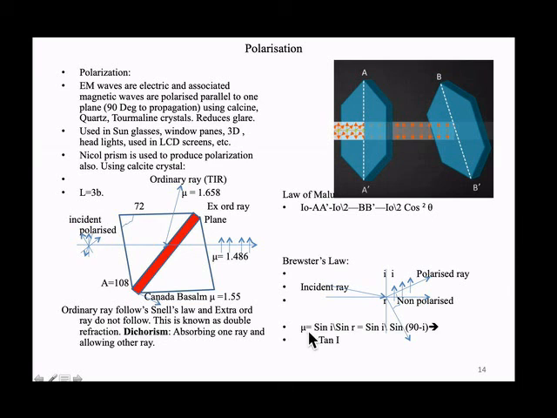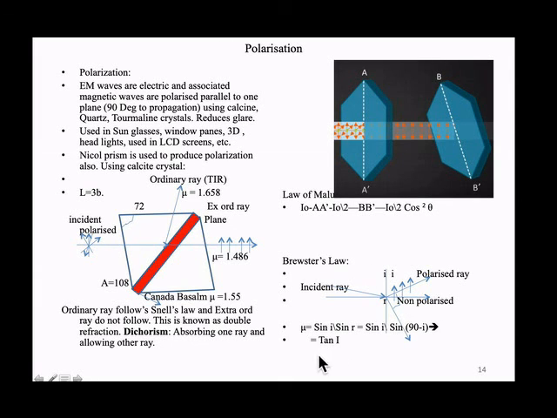How does the equation come? Sin i by sin r is mu. R is nothing but 90 minus i, so sin r is cos i. So tan i equals mu. So if I give an incidence at tan inverse mu, I get plane polarized light. This is what was observed by Brewster.